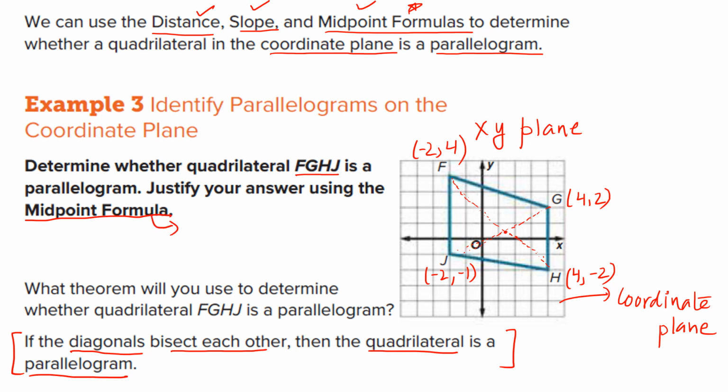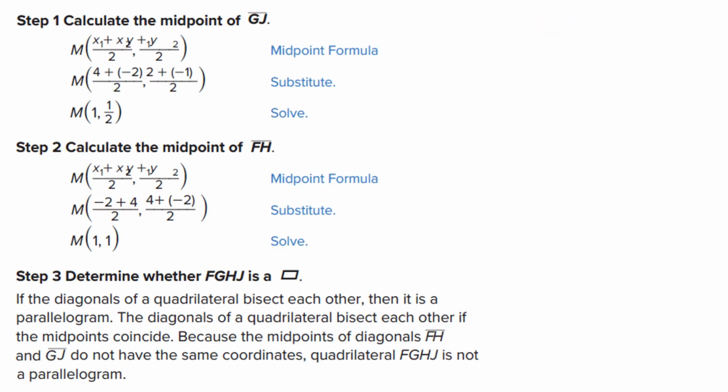Now, the midpoint is equal to (x, y), where x is the x coordinates added and divided by 2, and y is y1 plus y2 added and divided by 2. So let's use it. Okay, so the midpoint M of GJ using the midpoint formula comes out to be (1, -1/2), and the midpoint of FH, the diagonal, comes out to be this.